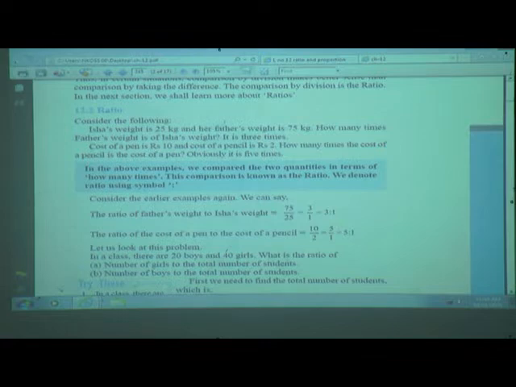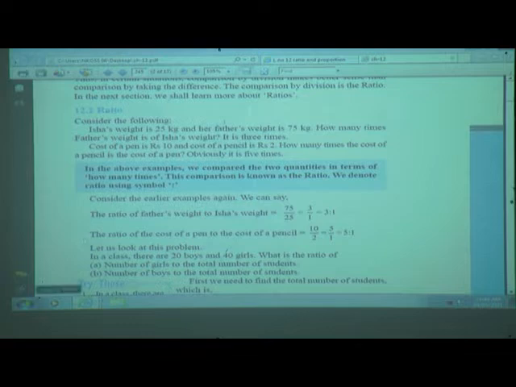Next example. Cost of a pen is ₹10 and cost of a pencil is ₹2. How many times is the cost of a pen of the cost of a pencil? So we need to find the ratio here.